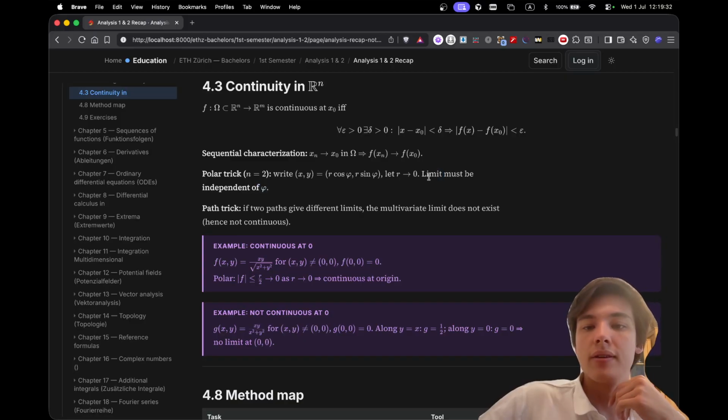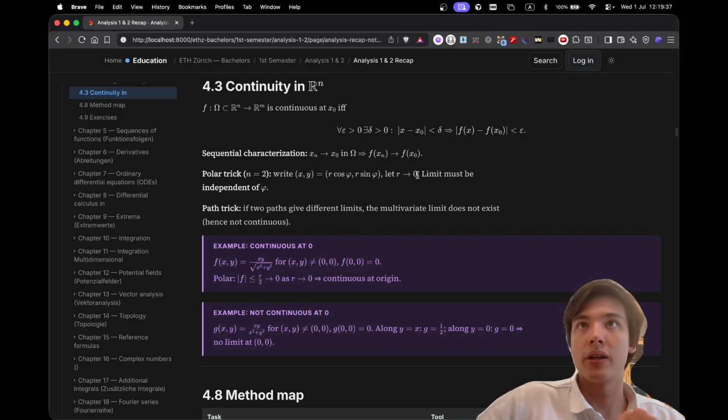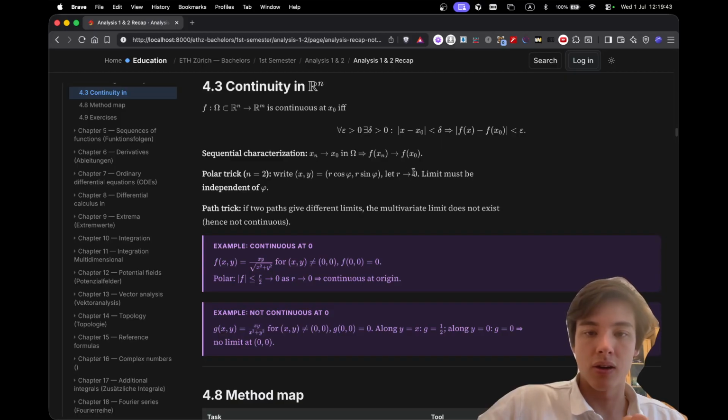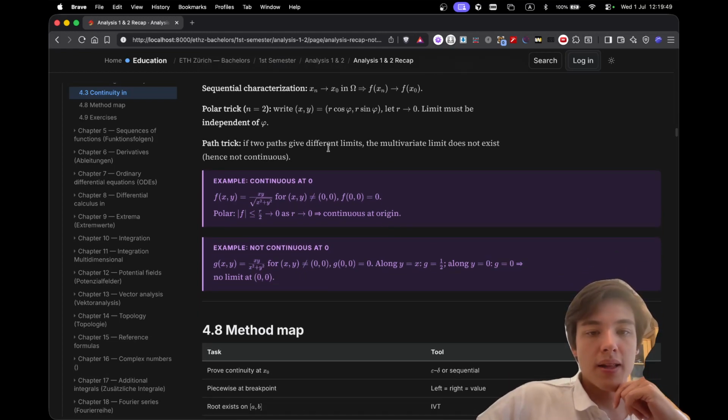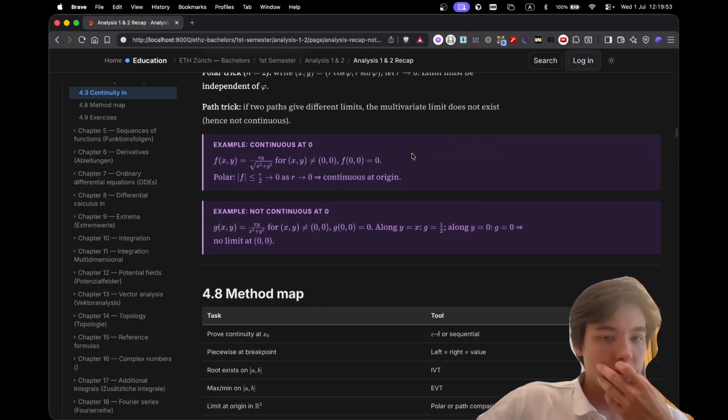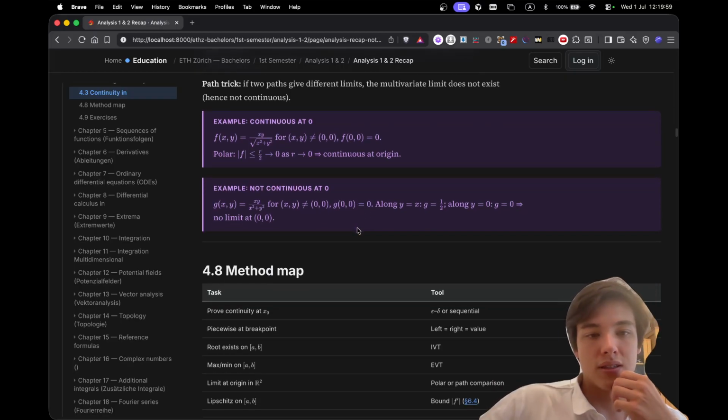So if we have a point here and we go towards it, the value should only depend on r and nothing else. If two paths give different limits, the multivariate limit does not exist. So if we go here and it's different than there, then it makes sense that it's not continuous.